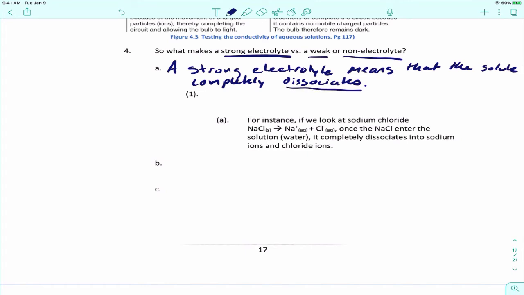So what the heck does dissociate mean? All right, so let's use a chemistry term here, dissociation. So dissociation means the breaking up of a compound or a molecule into ions.